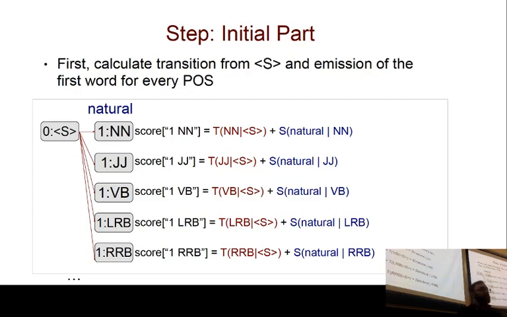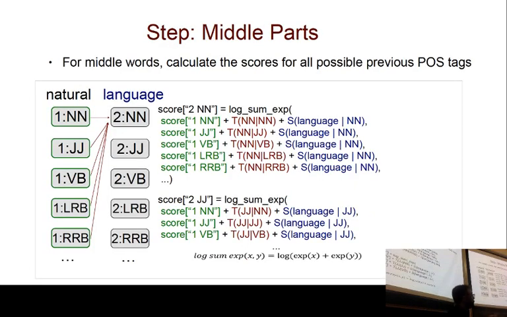Okay? So what happens in the middle part? In the middle parts, we have tag vocabulary size possible paths that could lead into the current state that we care about. So basically, the score for every tag in the second position would be the sum over all of the previous tags that we can use to get into it, right?